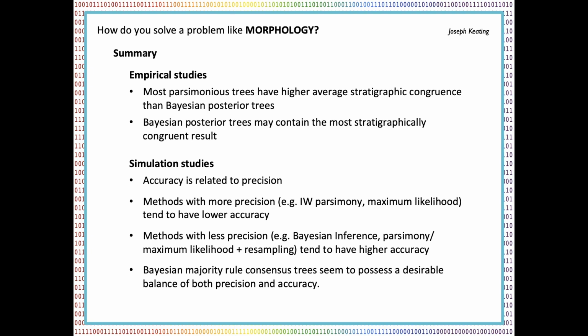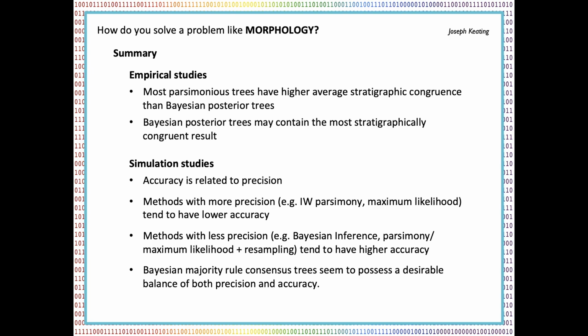This is related to whether or not we consider topological support. If we ignore support, our estimated trees are precise, but contain poorly supported relationships that may be inaccurate. On the other hand, if we collapse poorly supported branches, estimated trees are less precise, but may be more accurate.